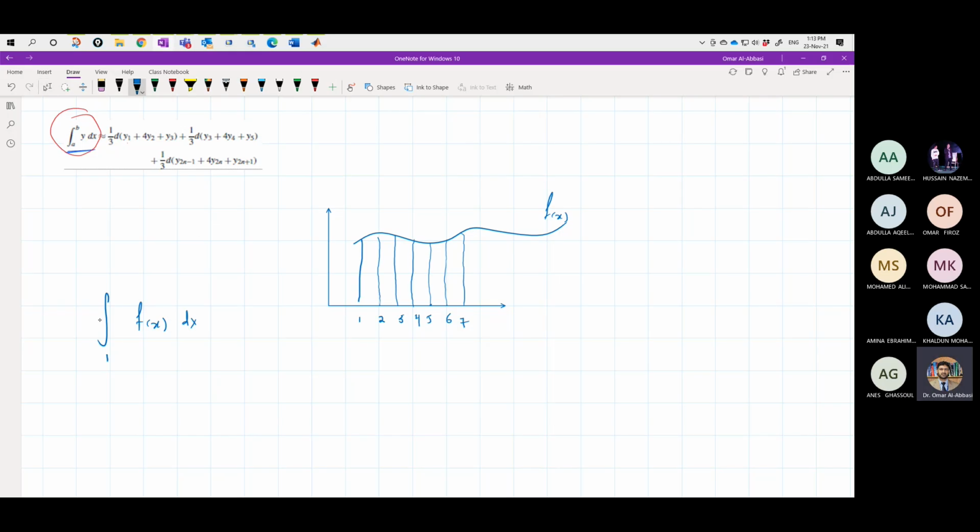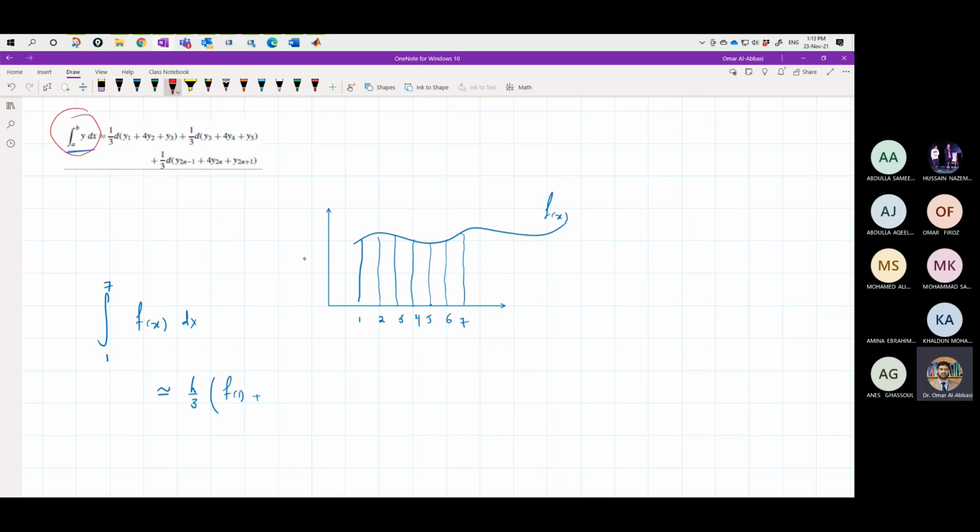Okay, so from 1 to 7, I want to integrate this function from 1 to 7. So based on that formula, the integration approximately equals h/3 multiplied by, taking it as a common factor, the function evaluated at 1, f1.